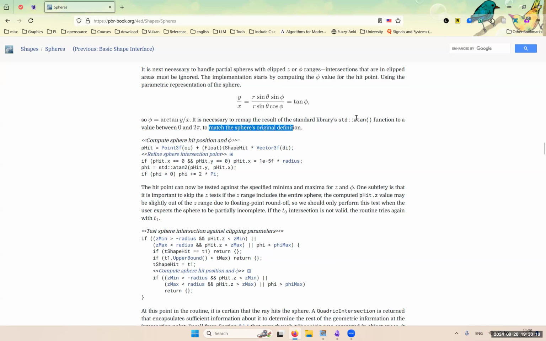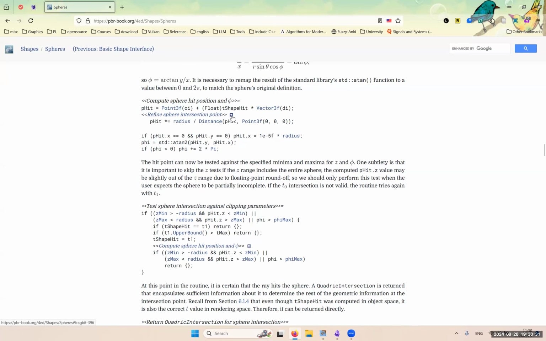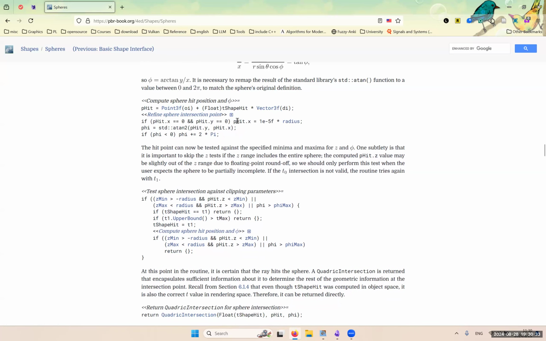Yeah, because atan2 returns negative pi to pi, I think. It's a lot of work though. Like this should be slow.